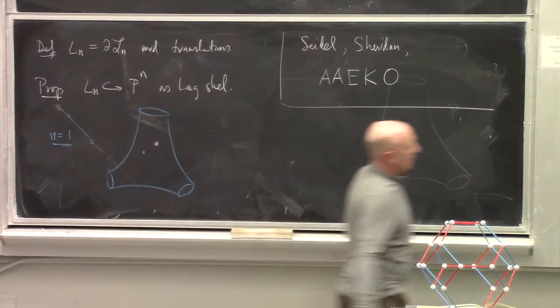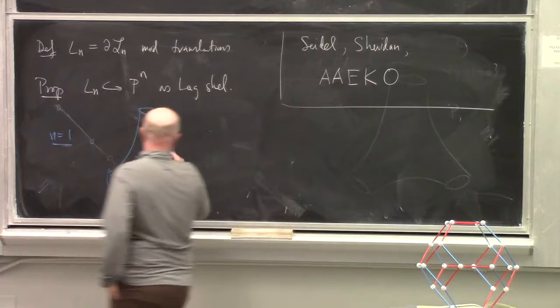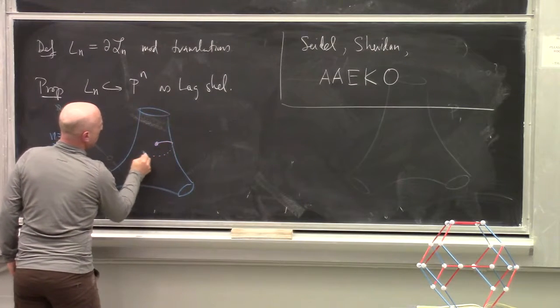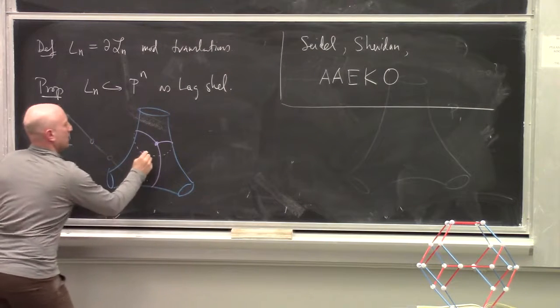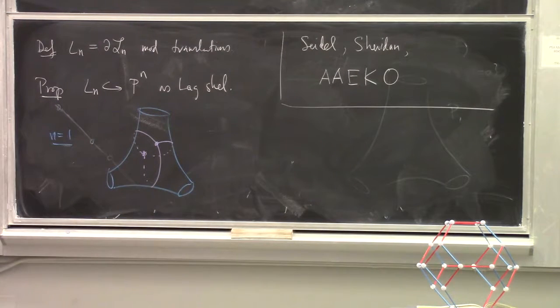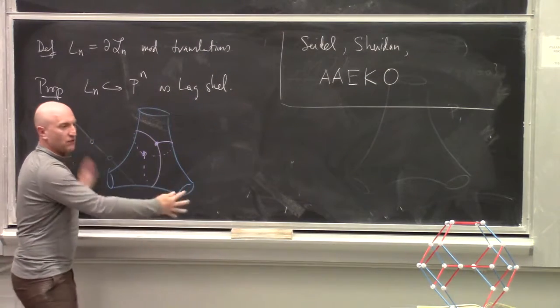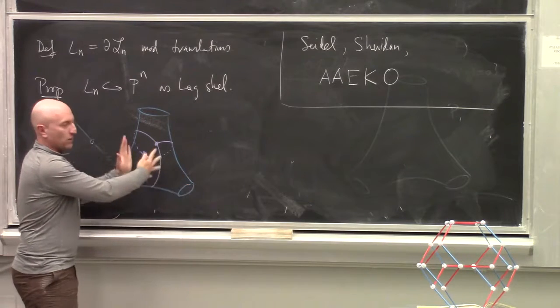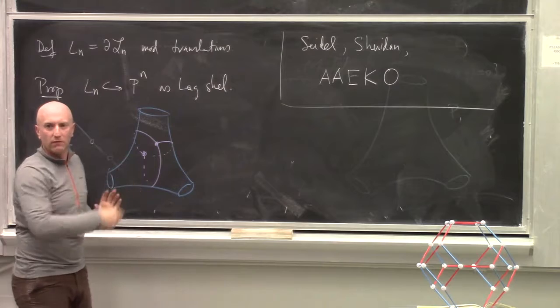Then it has three different edges that link those two points. The boundary of the hexagon gets wrapped around the pair of pants, and it's a skeleton in the naive sense that the whole thing homotopy retracts, but also all of the symplectic geometry is captured by a small neighborhood of the skeleton.